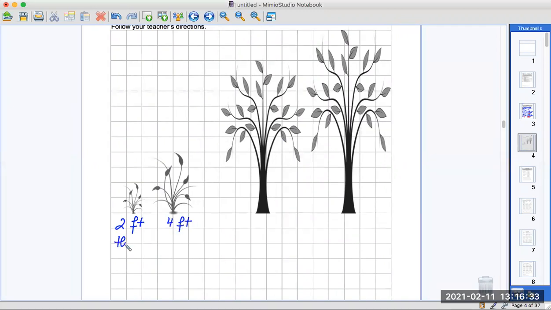The tree was originally 10 feet tall, and now it's 12 feet, in the same time frame.